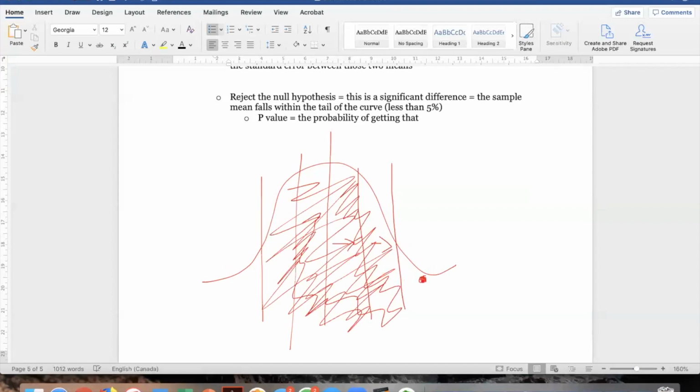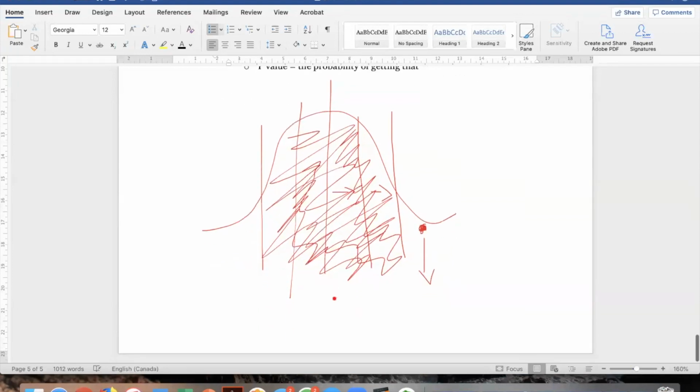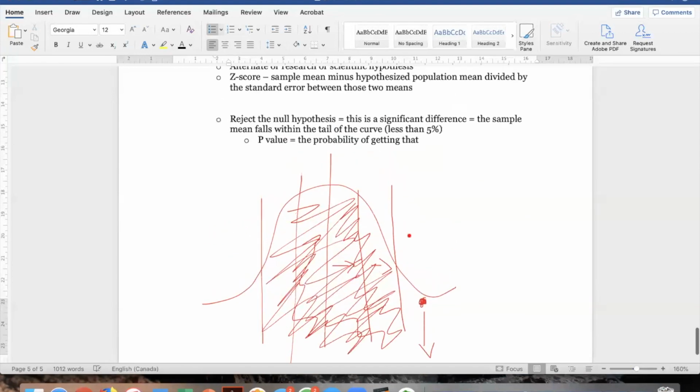If your score lands out here, it is statistically significant. And then you will also have a p-value on this, which we'll worry about later. It just tells you the probability of getting that, and that'll come in the next section. Does everybody understand that? This is really important to understand, because this is the basis of all of your inferential statistics.